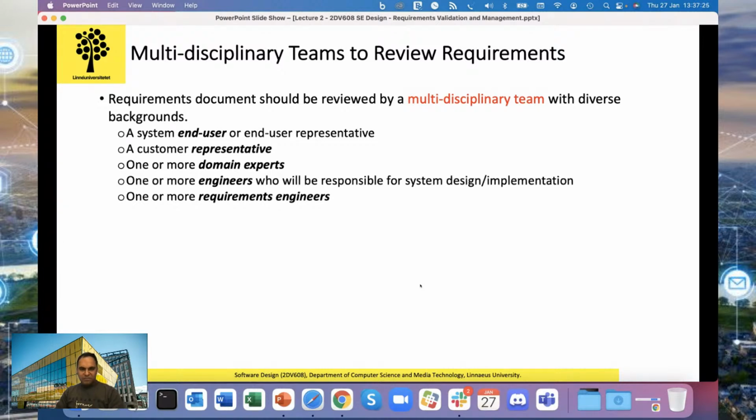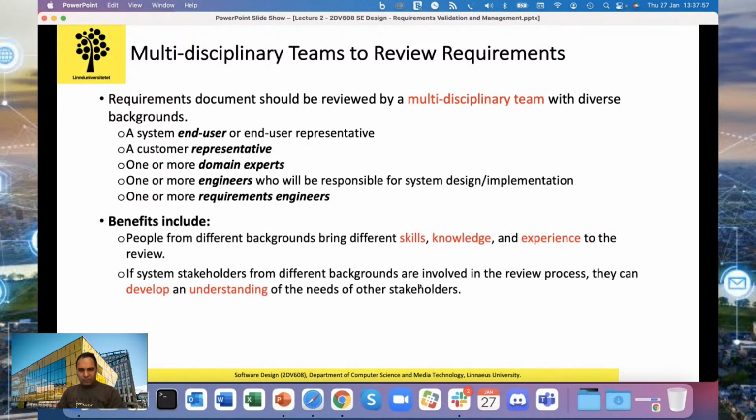So multidisciplinary team means people who are domain experts, people from the development group, and people who will be using this system, so maybe they are representatives also, or the designers or requirements engineers who will be designing the system based on the requirements.